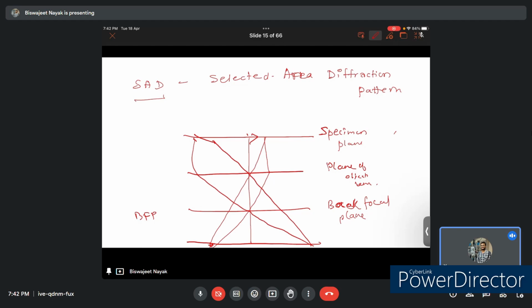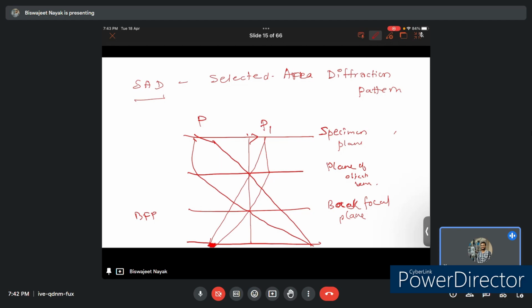Here two things can happen, like here let's say from the P1 point and from the P point, if the beams are not intersecting, that is an error in selecting the area. The beams do not travel at the same angle to the optic axis, and this difference is due to the spherical aberration in the objective lens.